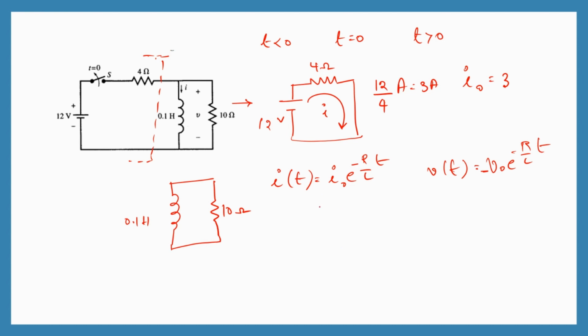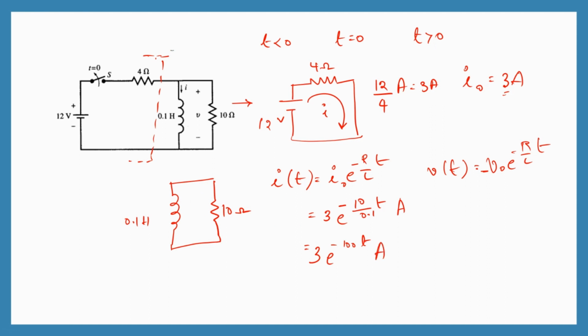Now let's compute what is R by L. So R is actually 10 ohms over here, L is 0.1, and I naught we've obtained as 3 amps. So we can replace these values, 3 e power minus 10 by 0.1 t. So now we can obtain I of t as 3 e power minus 100 t amps.